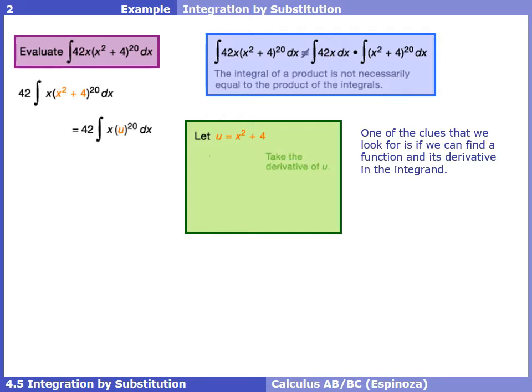Normally in chapter 2, we would have written U prime equals 2x. But we're not taking derivatives here. We're integrating in our problem. So instead of writing U prime, we're going to write a different version of U prime, and that would be du dx. Same thing as U prime, but we're going to leave that as the Leibniz notation, du over dx.